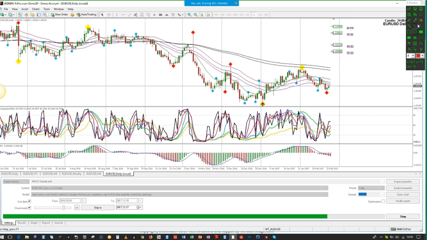Oh, what a surprise. Same thing again. Bungee divergence. It's not reflected in the awesome oscillator, but it's reflected in the bungee. We must be going up.